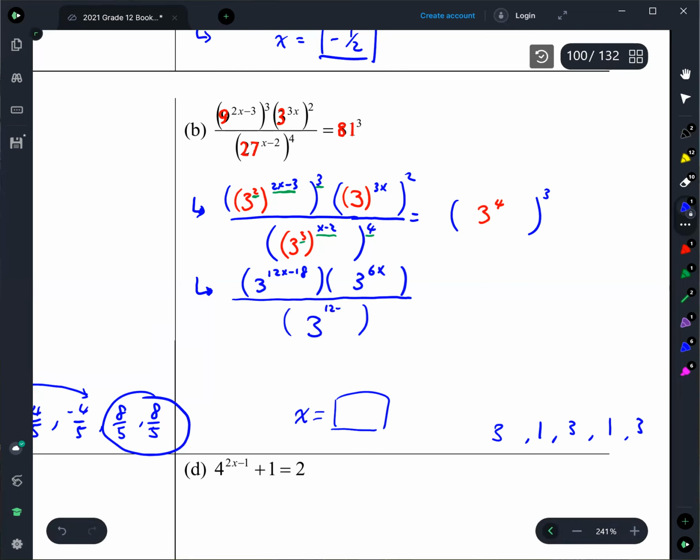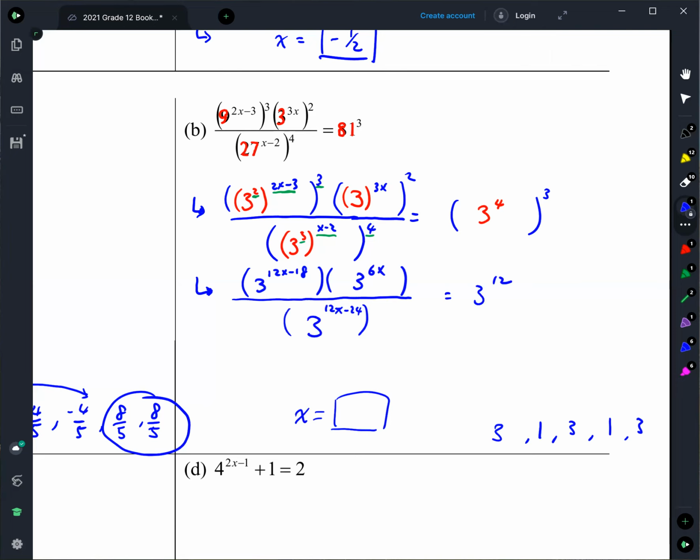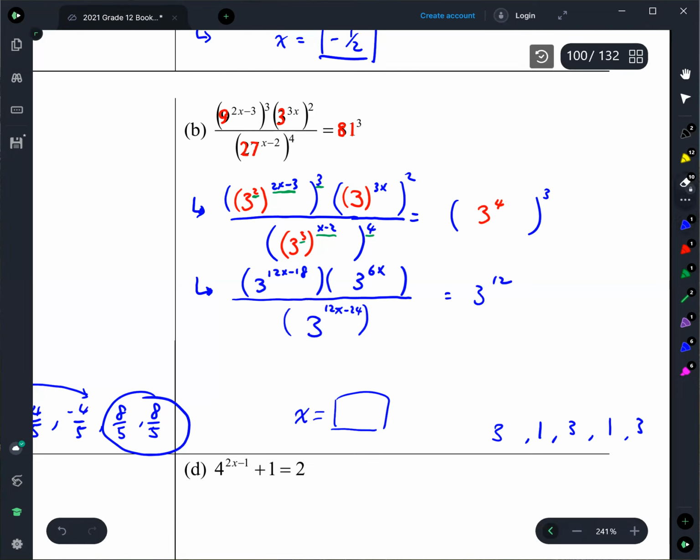Very good. 12x minus 24, so 4 times 3 and then times the x minus 2. You can multiply either way and you should end up the same. The right hand side is 3 to the 12. That part is fine. You cannot drop the base yet. It's too early to drop it.